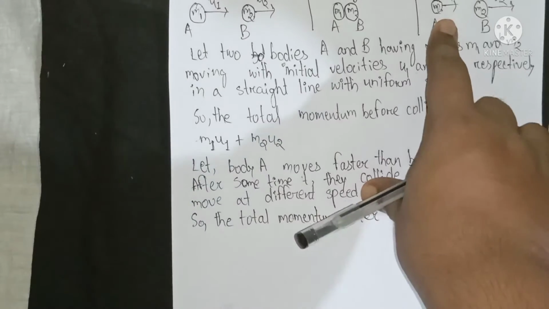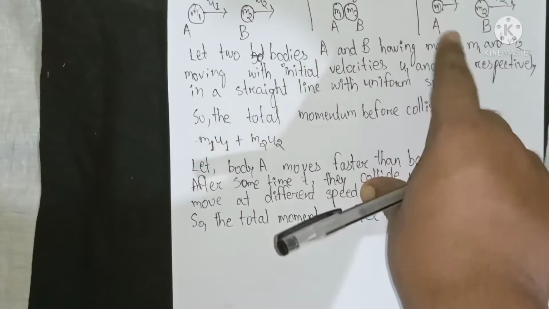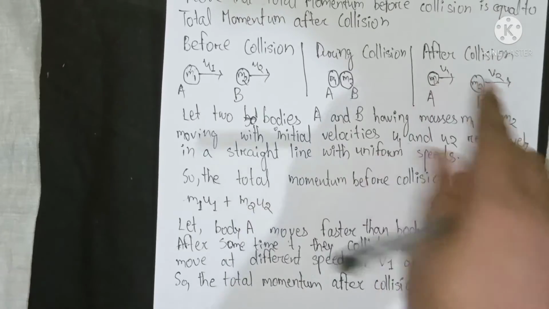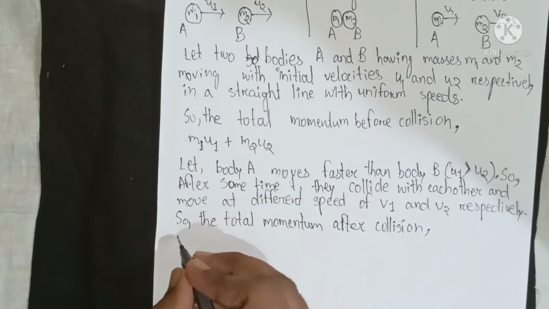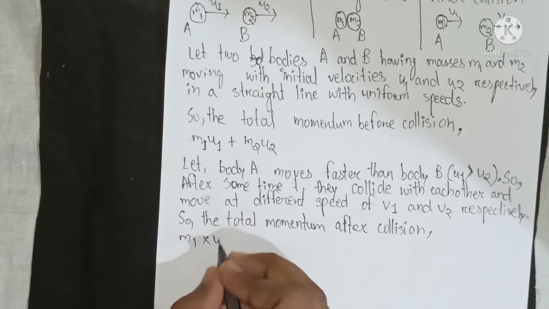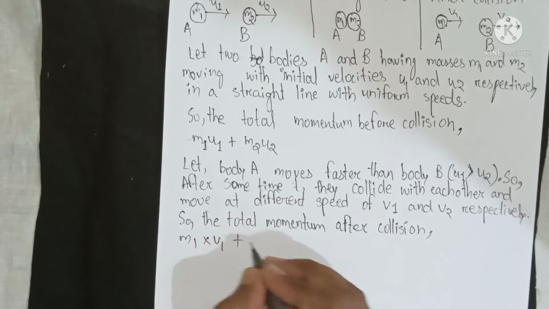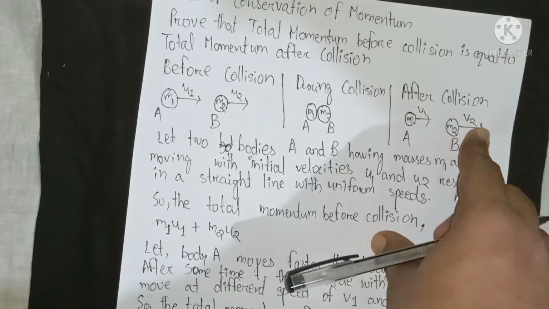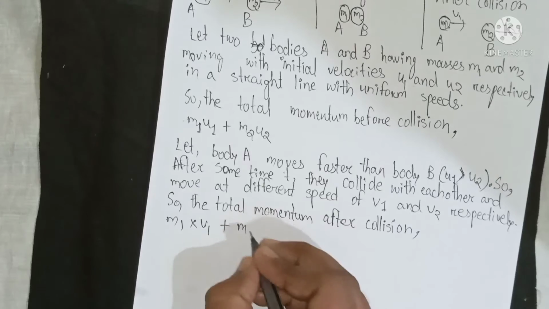So the momentum of body A is m1 multiplied by v1, plus m2 multiplied by v2, which is the momentum of body B after the collision.